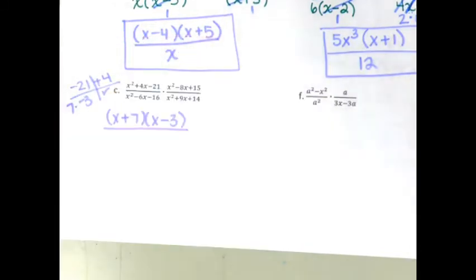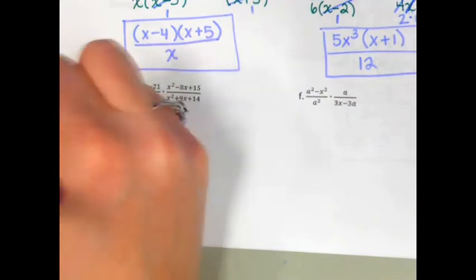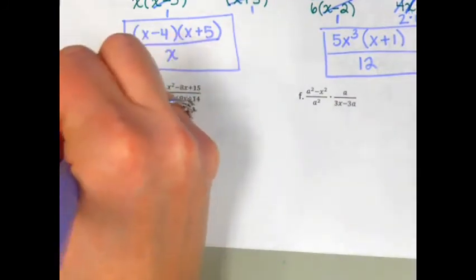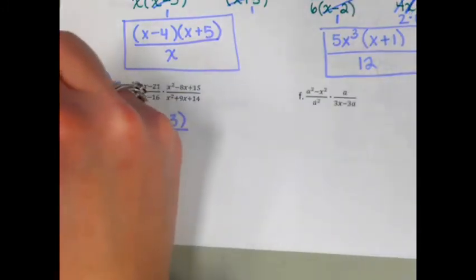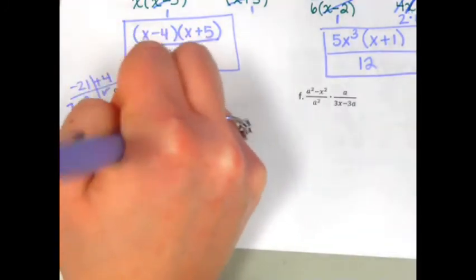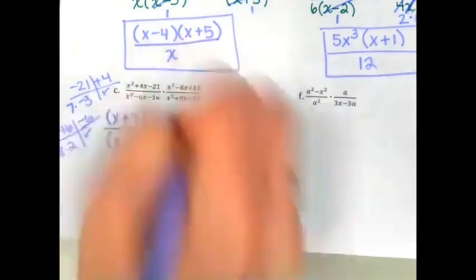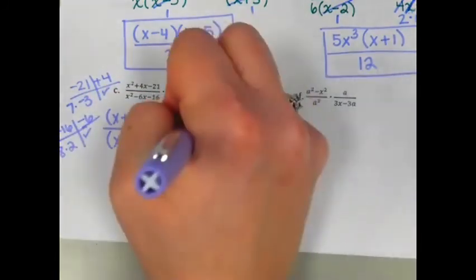All right, let's do our denominator. We have what times what is negative 16 that adds to be a negative 6? Negative 8 and positive 2. Good. So we have x minus 8, x plus 2. Is there anything I can simplify there? No. All right. Let's go to the next side.